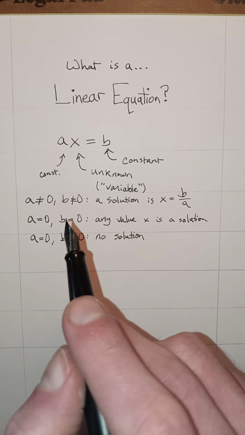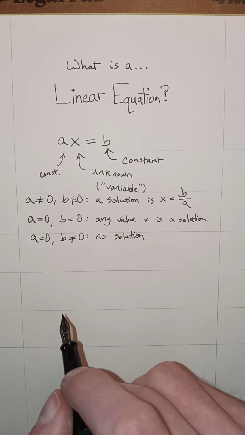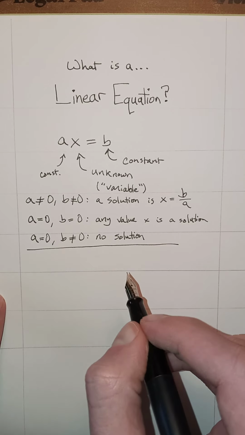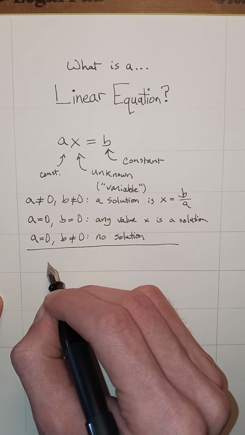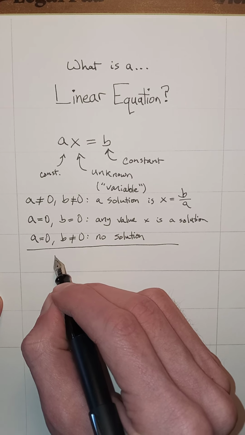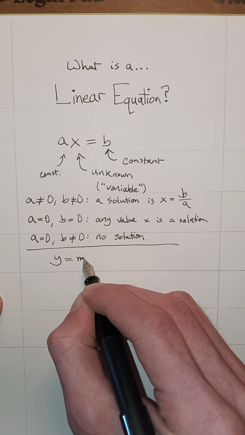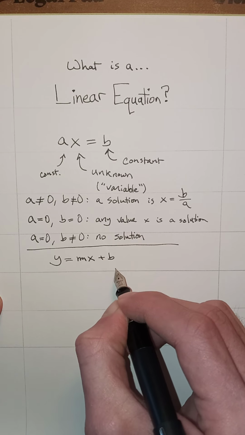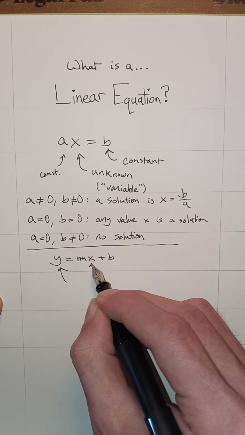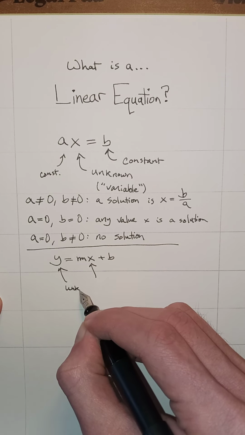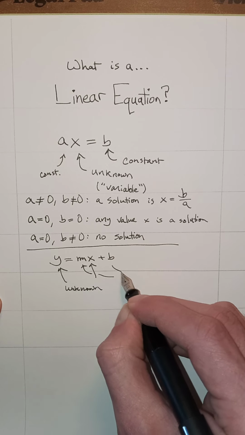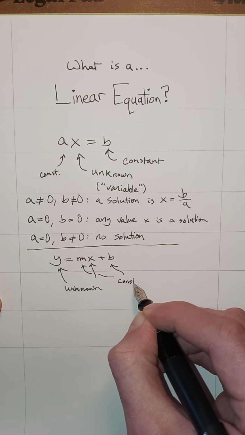Now, this is the simplest linear equation that we could think of. The next simplest would be if we had, say, two variables. You've seen this in high school with something like y is equal to mx plus b, where y and x are unknown, but m and b are constants.